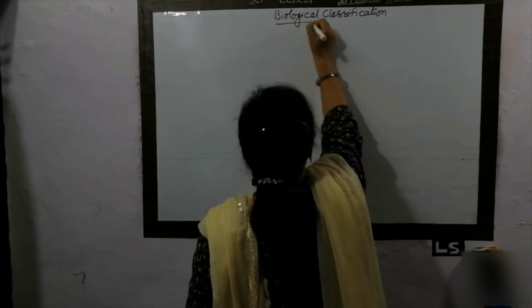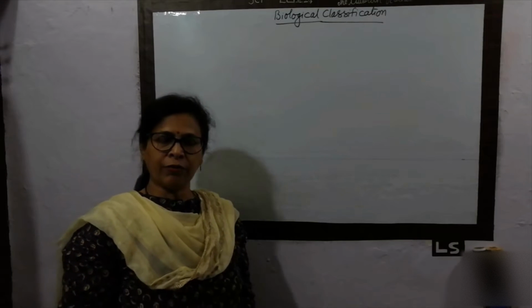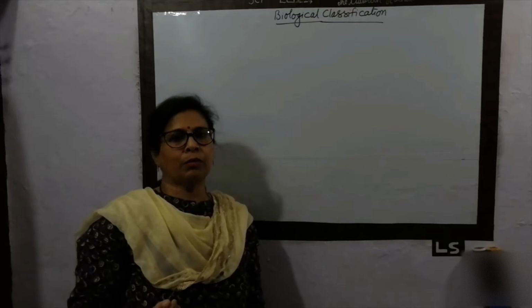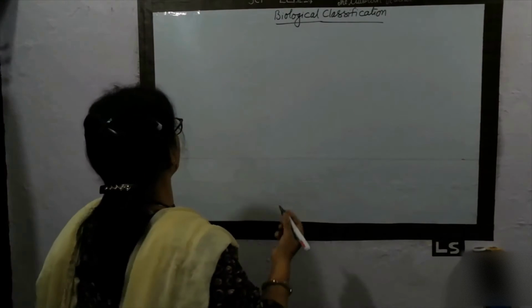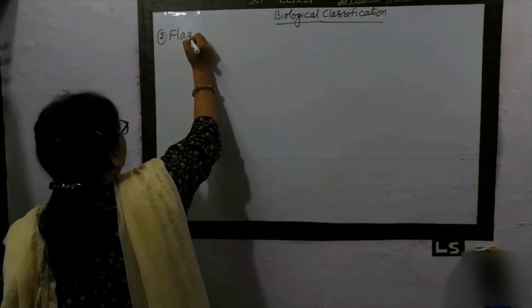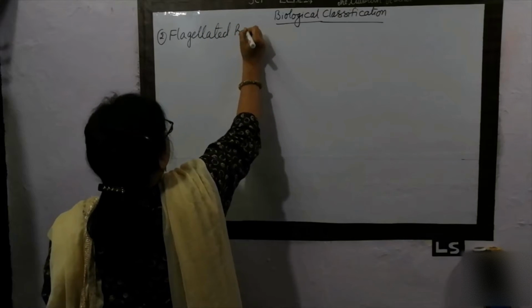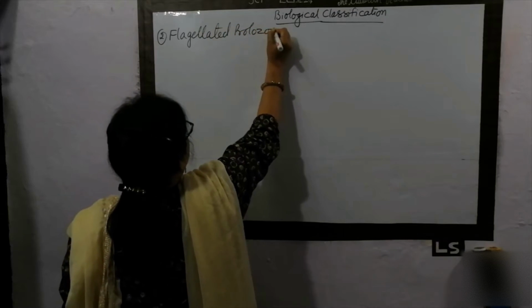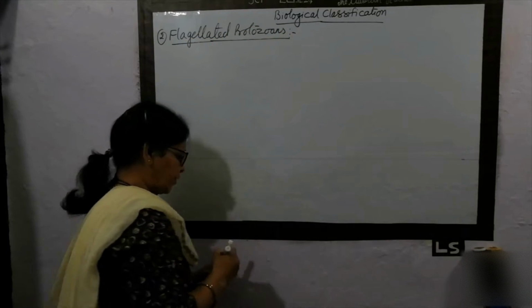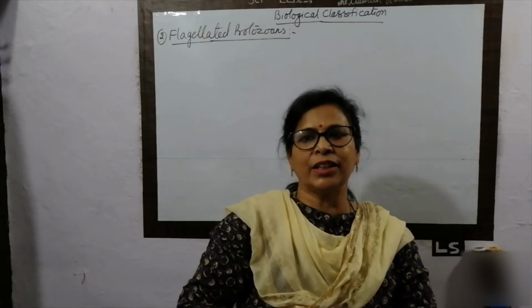In our previous class, we discussed the protozoans. The first type of protozoan is the amoeboid protozoan, and the second type is the flagellated protozoan.